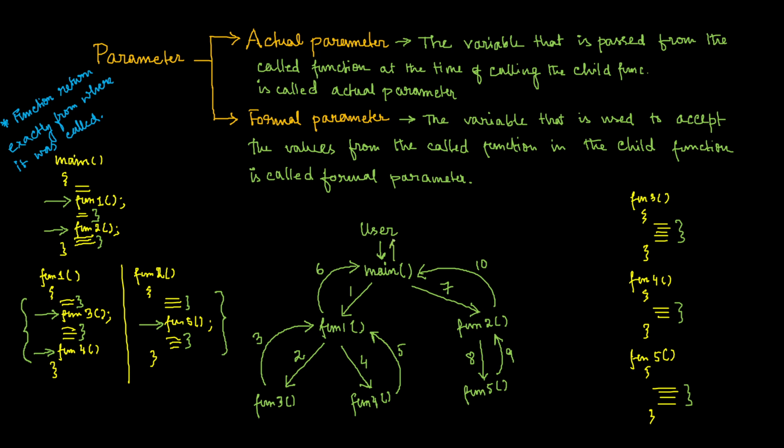So the result will be reflected to the user. So this is, you can say, a very clear picture about the strategy of calling and returning of various functions present in any program.